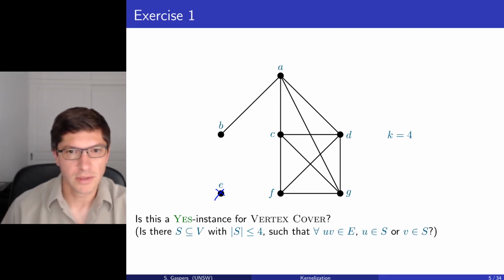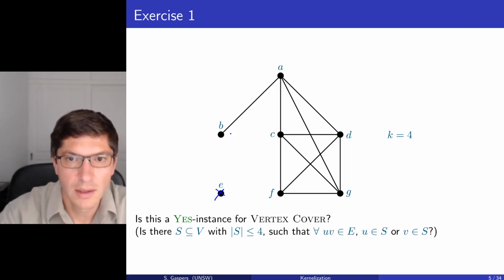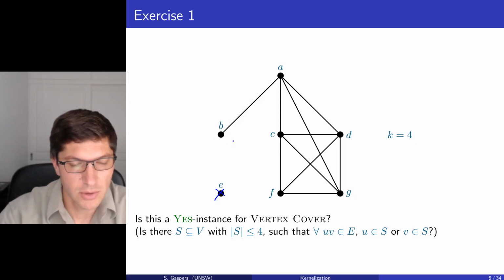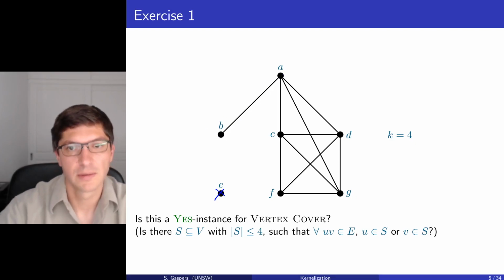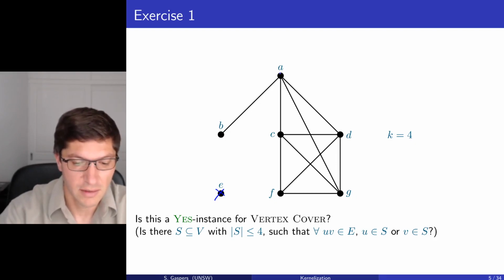What about a degree 1 vertex, such as the vertex B here? B has degree 1, and what does it do? If we add B to our vertex cover, B will cover the edge AB. That's the only thing it can do. But we can notice that there's another vertex, vertex A, that covers the same edge.